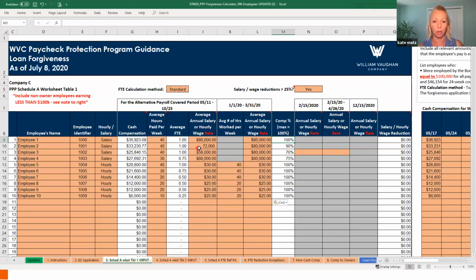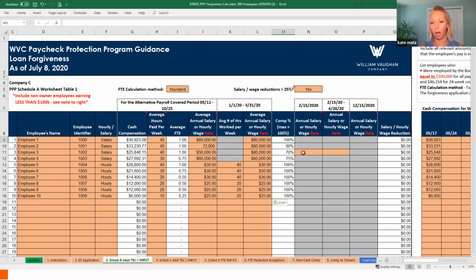Employee 2 then, we were down to 72,000 compared to our base of 80,000. So we're at a 90% compensation rate, or we've reduced 10%. Employee 3 then, we went from 80,000 down to 56,000. So we are at 70% of the compensation. So this individual had their compensation reduced by 30%.